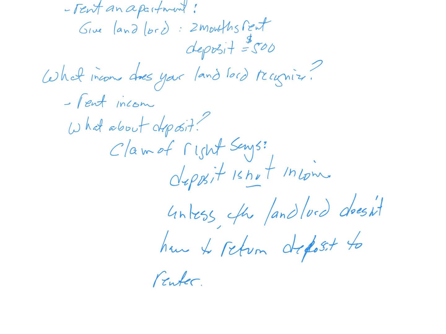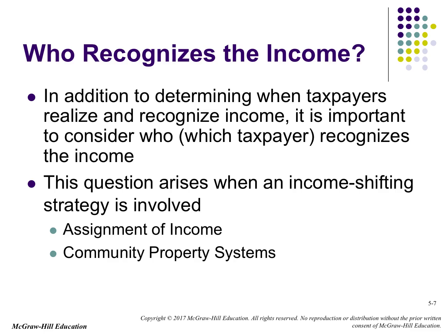The last slide for part 1 is going to be who recognizes the income. Types of income will be covered in part 2. So along with figuring out when income is realized and recognized, we also have to recognize who pays. Who recognizes the income, who has the tax burden?